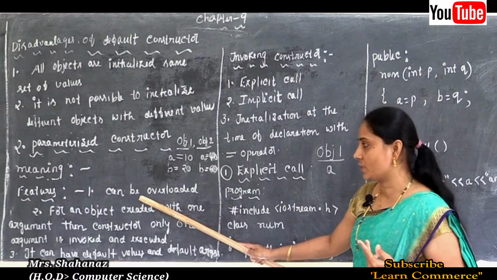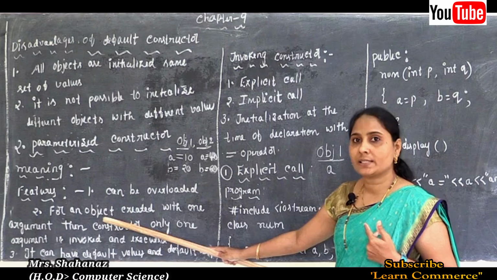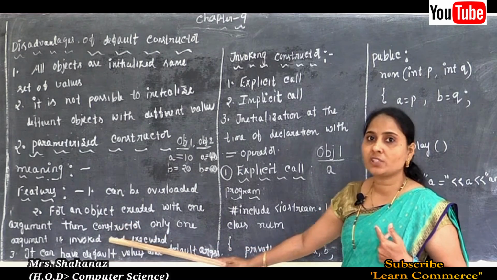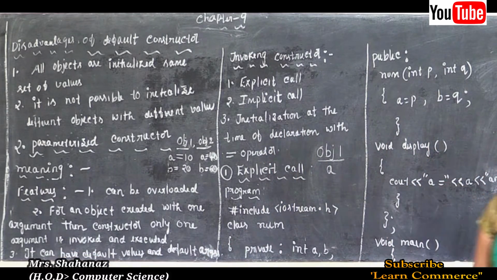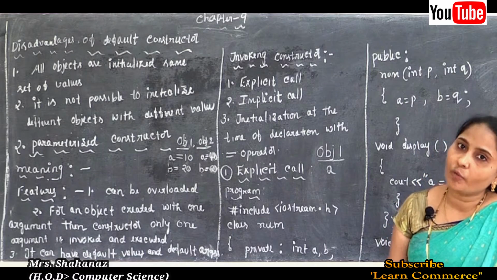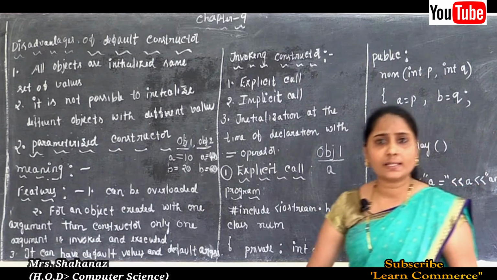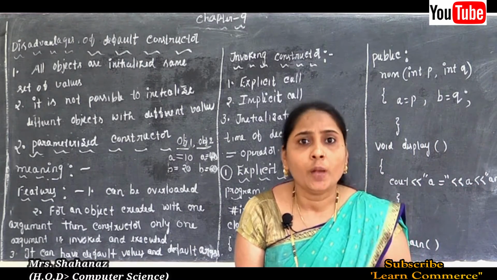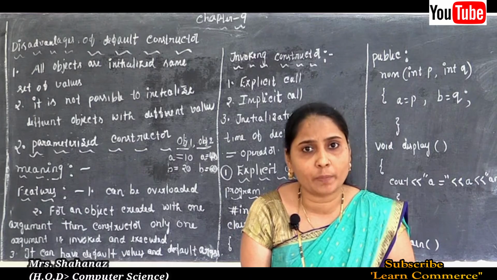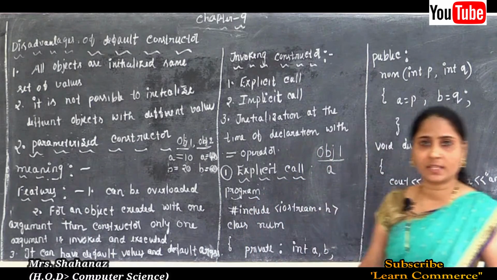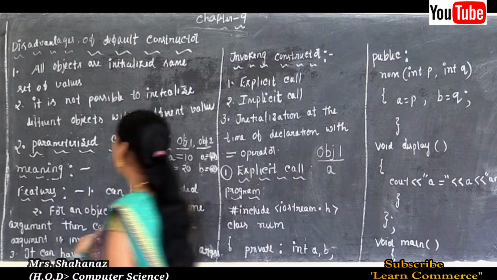Then the second: if any object has one argument, then the constructor with only one argument is invoked and executed. And the third point is that the parameterized constructor can have default arguments and default values, just as we use a default constructor without arguments. It is also possible to define or declare the constructor, our special member function, that is called the parameterized constructor function. So these are some of the features of our parameterized constructor.